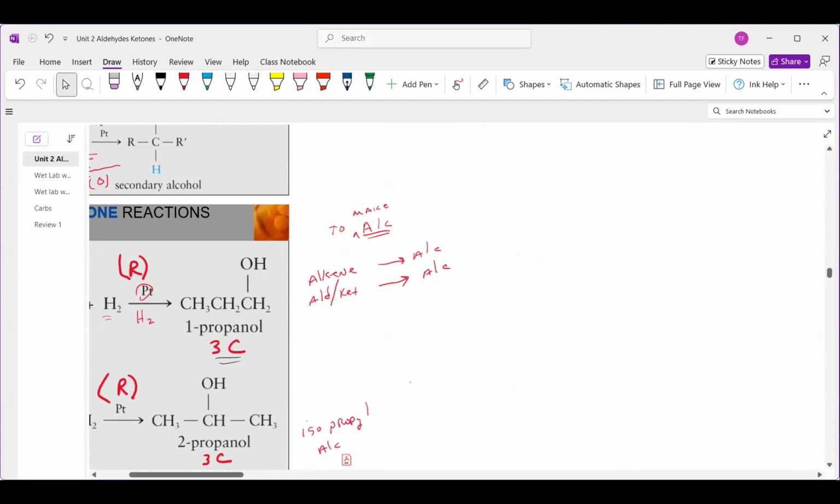Okay, so we want to make that. How do we make that? This is a good test question for Thursday. How would you make that aldehyde?